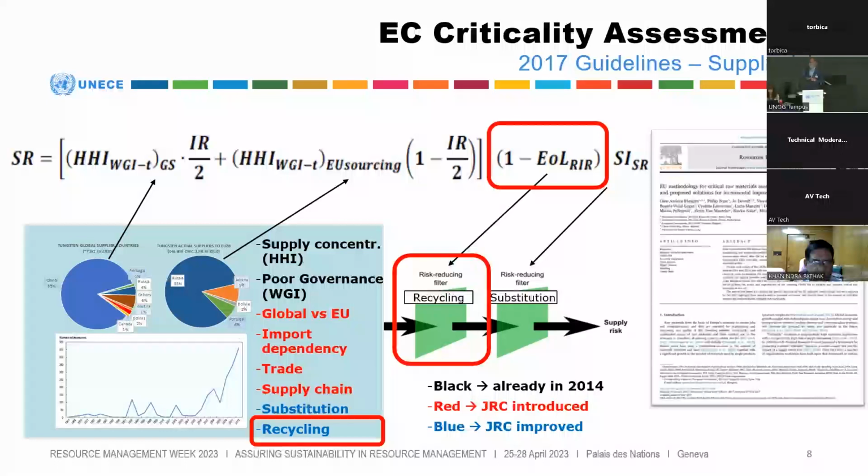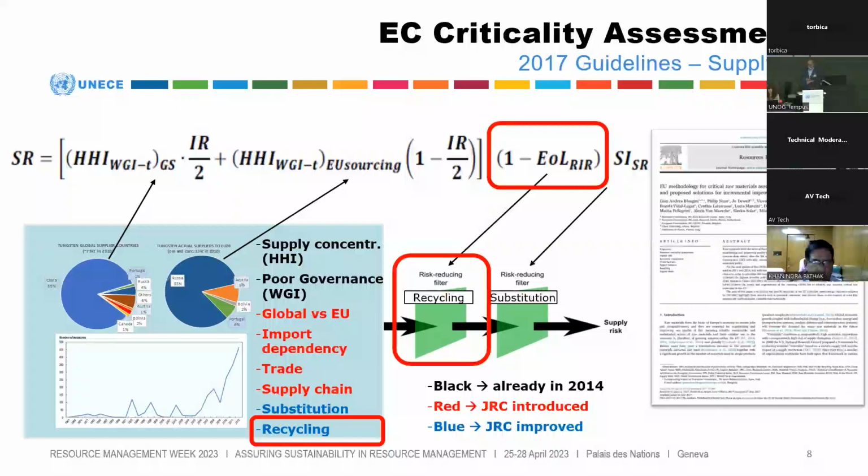Here, the starting point and the working hypothesis is that recycling is risk-free, which was already discussed in the morning. It is not. And that's the potential to decrease the risk from primary supply. And this is what we have done.